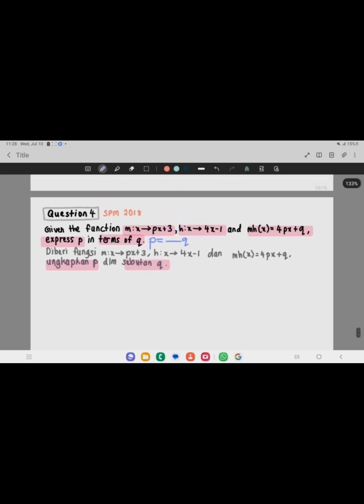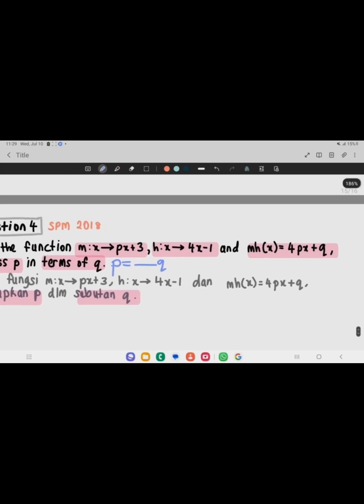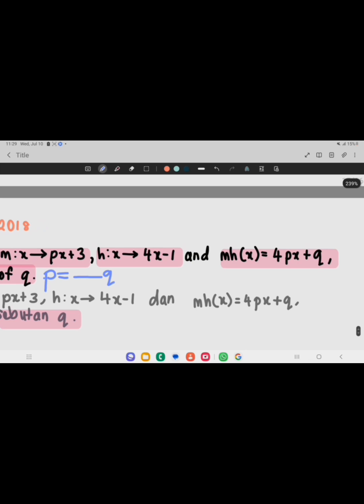This is similar to question number 2. Why? Because in question 2, just now we used the comparison method, so this question also involves the comparison method. How to do it is very easy. mx is given, hx is given, mhx is given. This is the composite function given to you: mhx is 4px plus q.